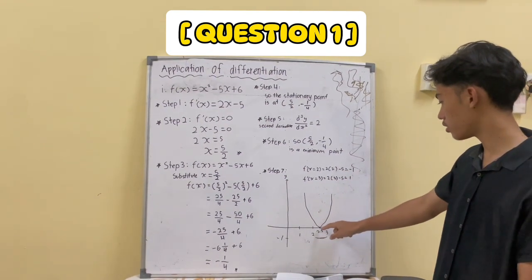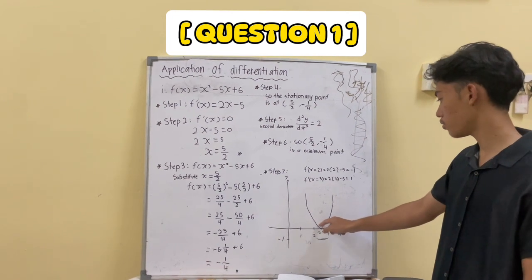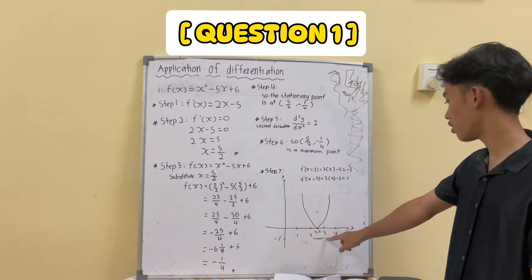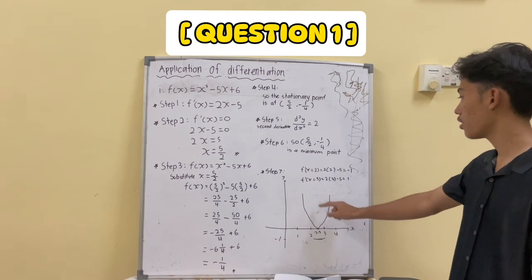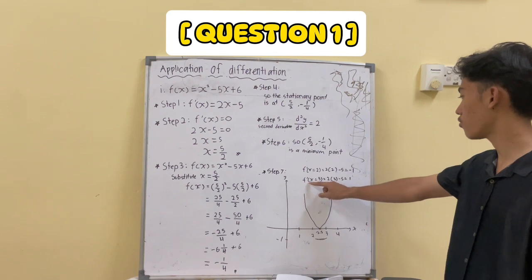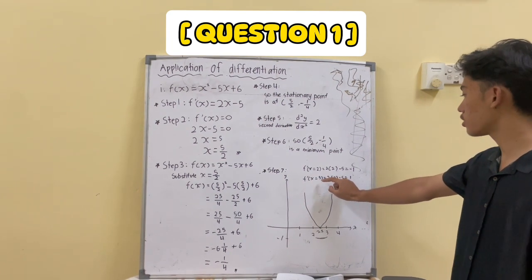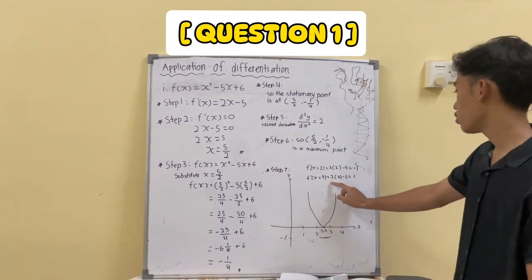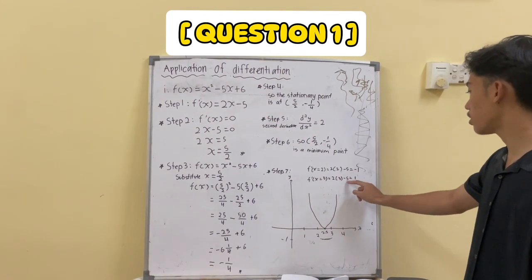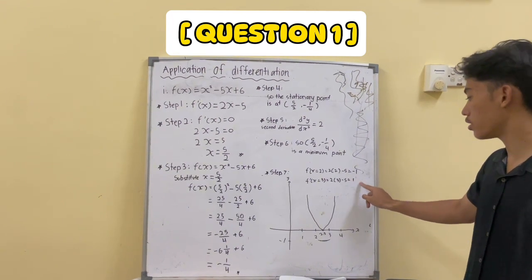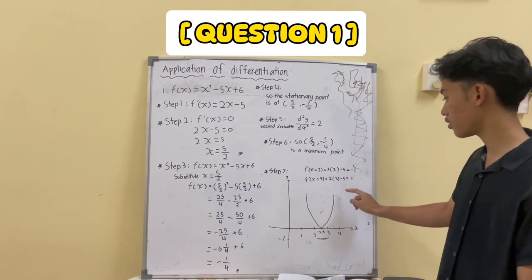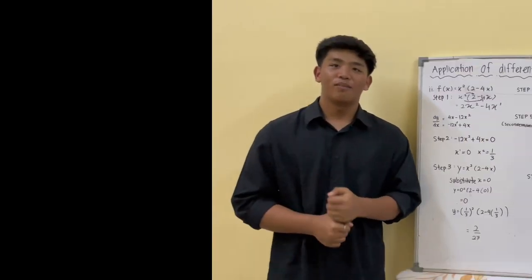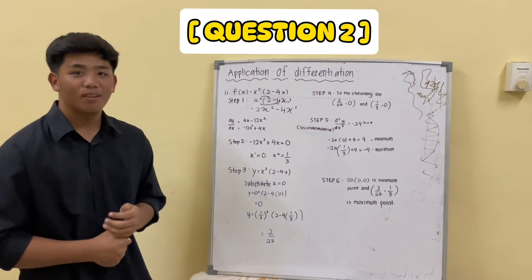So the graph must go to the left, so like this. Third, we have f'(x) at 3. So again, we use 2 in bracket 3 minus 5, we get 1. So the graph must go to the right. So that's all from me. Thank you, Fahmi, for your explanation in question 1.